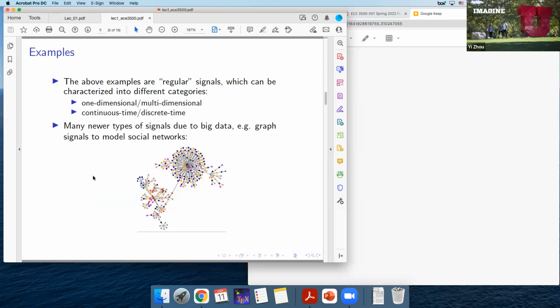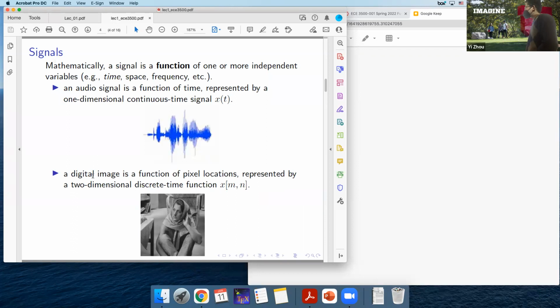But here's my question for this signal. This is a non-typical signal because for the other signals, we know how to write them. An audio signal is indexed by time t.